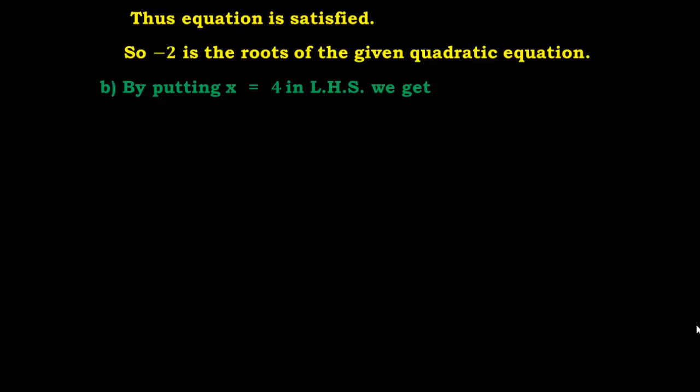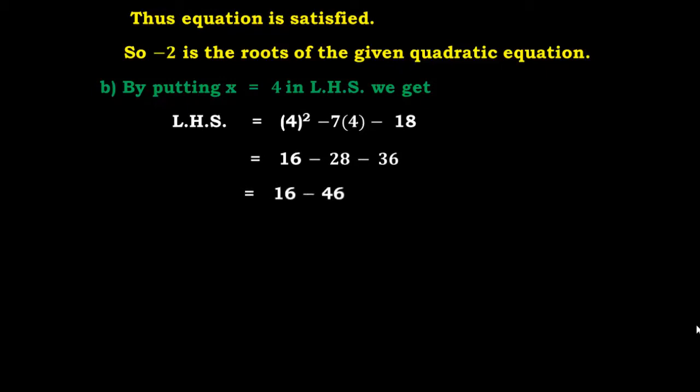Now see, we have one more value, that is x equals 4. By putting x equals 4 in LHS we get 4 square minus 7 into 4 minus 18. 4 square is 16. 7 into 4 is 28, so minus 28 minus 18.